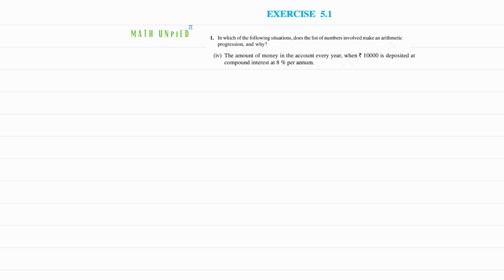Let's move on to subdivision 4. The amount of money in the account every year when rupees 10,000 is deposited at compound interest at 8% per annum. So starting amount equals 10,000.